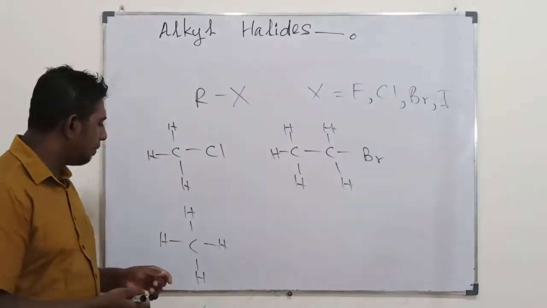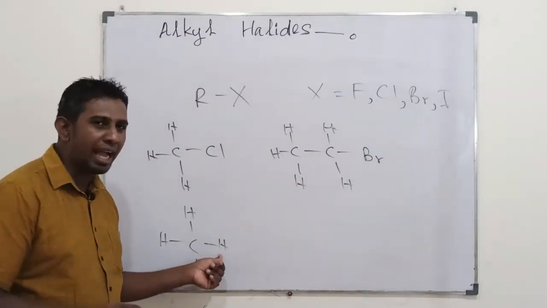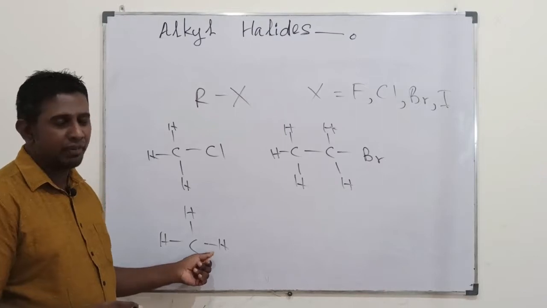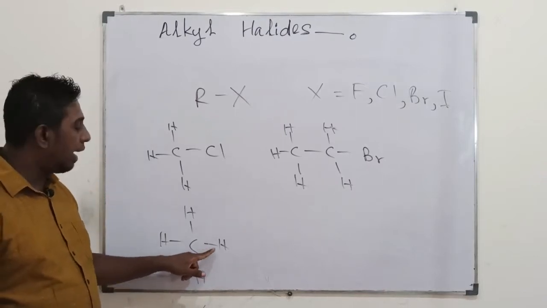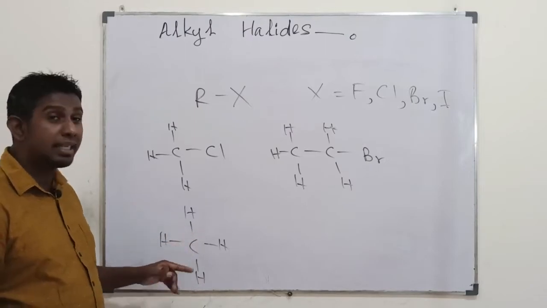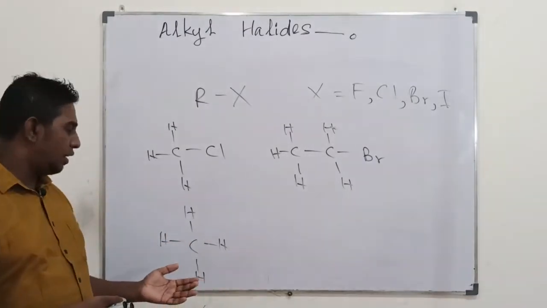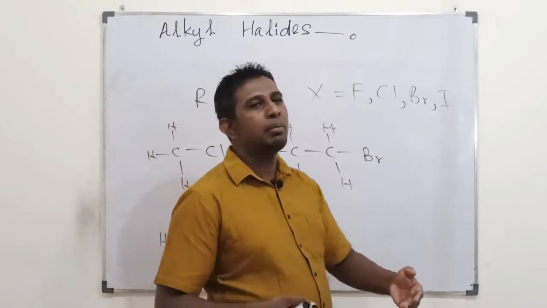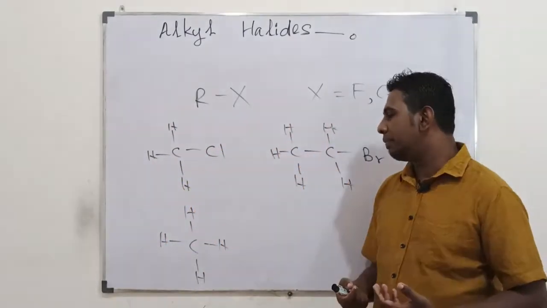Students, between carbon and hydrogen you have an electronegativity difference. Carbon is 2.5, hydrogen is 2.1. All bonds have the same electronegativity difference, so carbon would be the more electronegative species there.